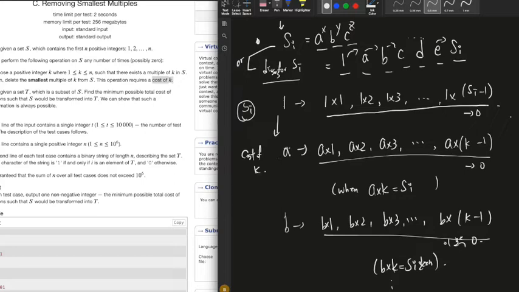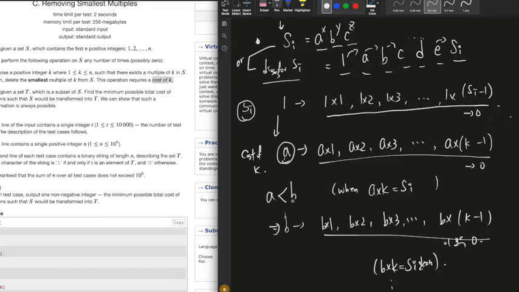Which means when the right one is found while iterating from 1 to S_i, it's not necessary to go further for B, right?